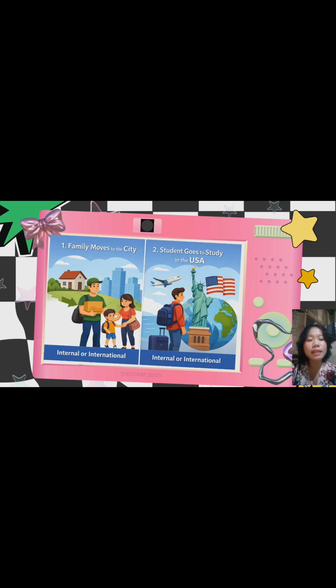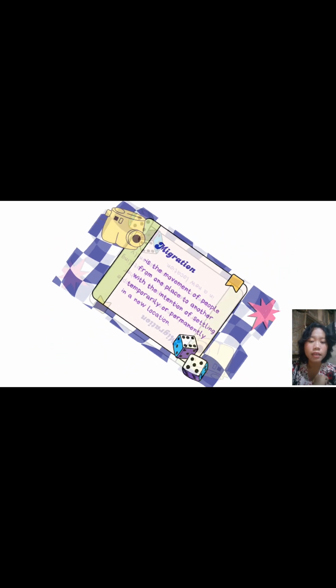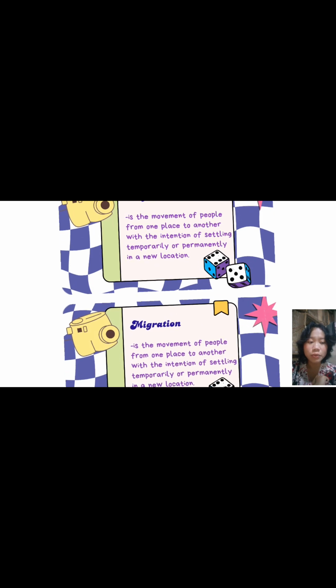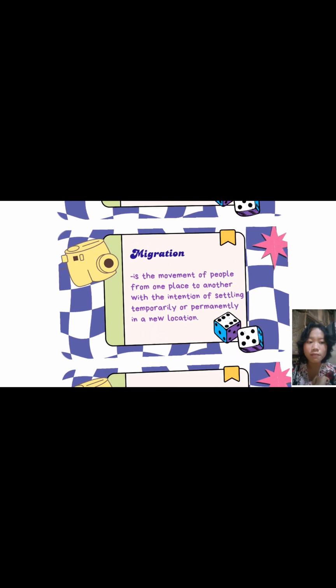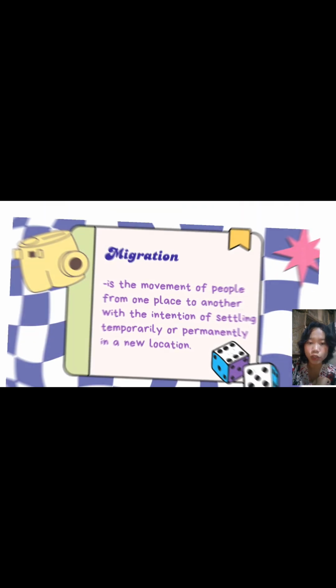Now, let's move on into our proper discussion and let's have the definition for migration. Migration is the movement of people from one place to another with the intention of settling temporarily or permanently in a new location.